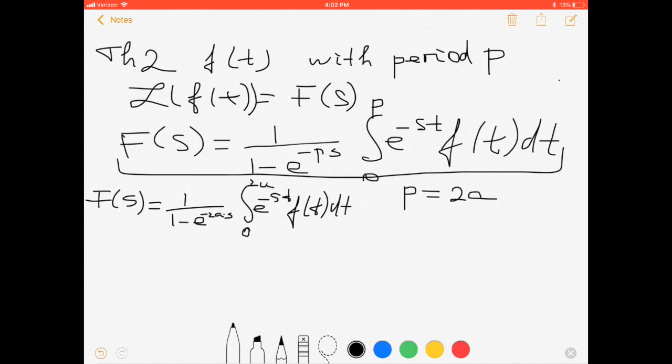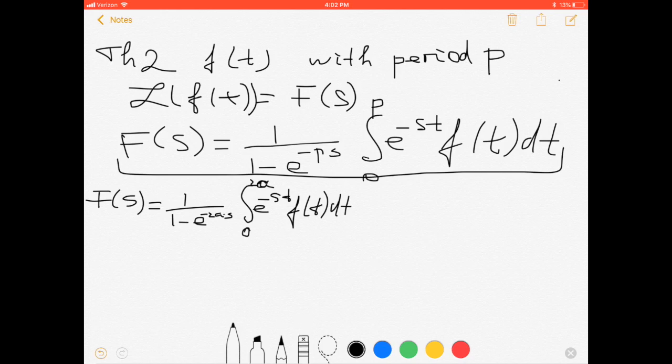But remember, this integral separates into two integrals. From 0 to a, your function equals 1, and from a to 2a, your function equals negative 1. This means we continue.